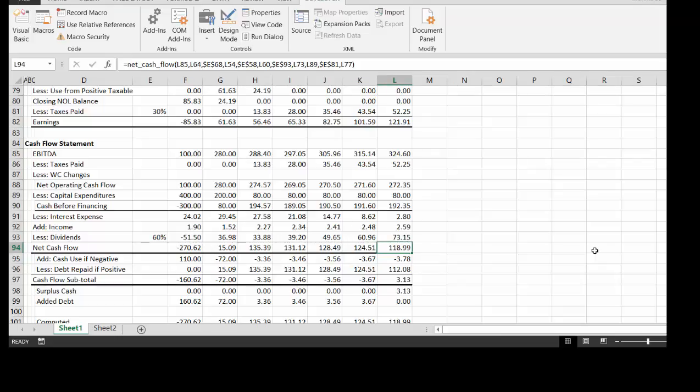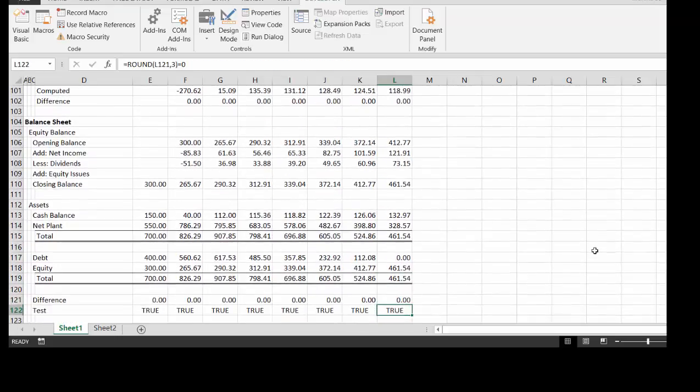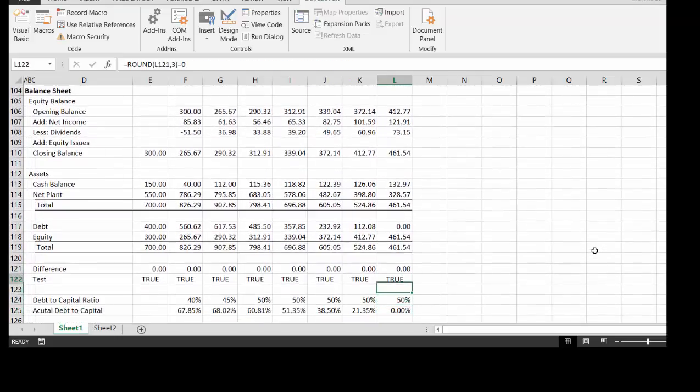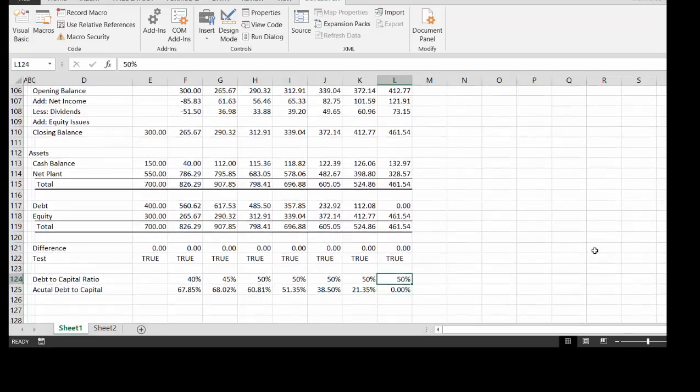We have minimum cash balances, we have average interest income, we have an NOL function in the tax calculation. Now the last thing we'd like to do is get the actual debt to capital to equal the projected debt to capital.